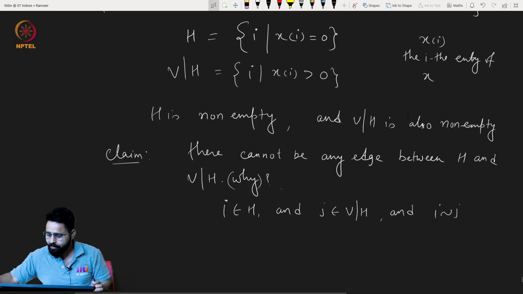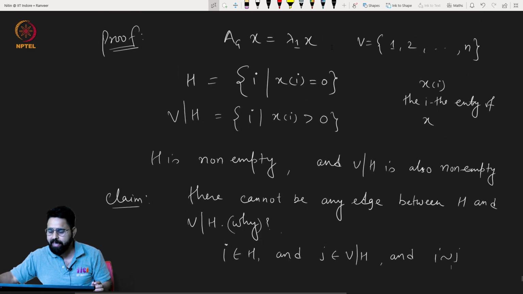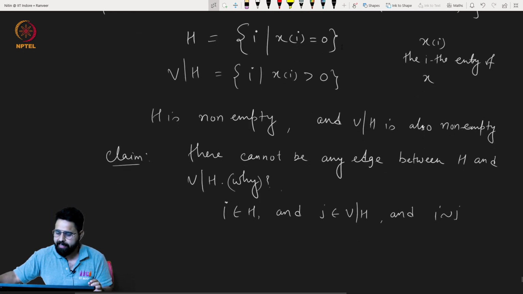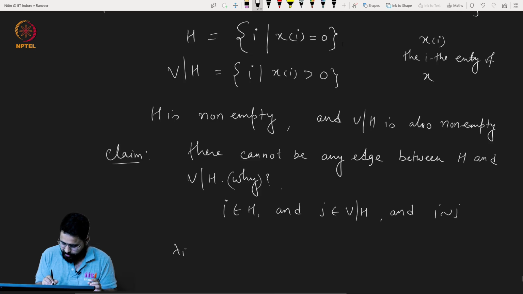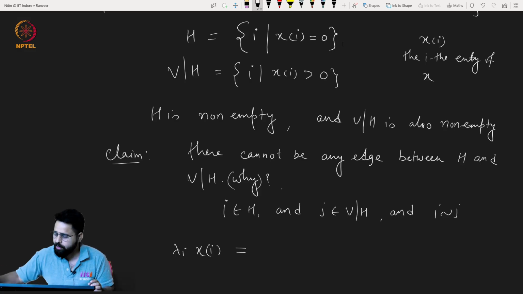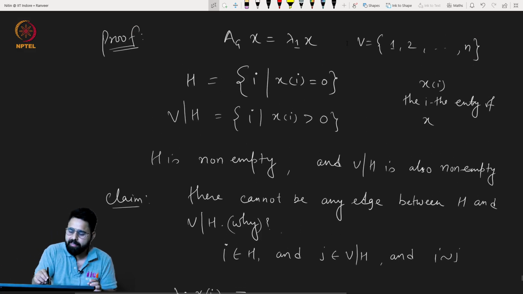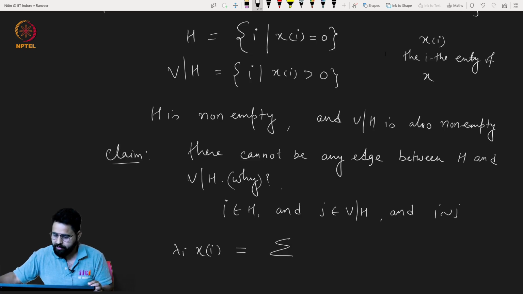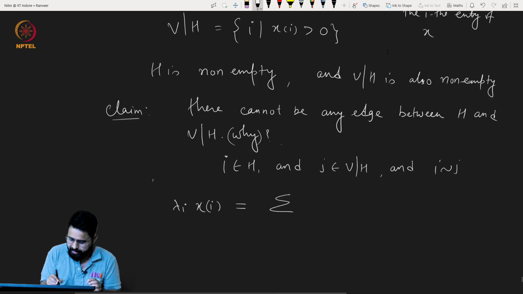If you see carefully here, by the definition, what will be your xi entry? Lambda 1 xi is nothing but multiplying the ith row of A with x, right? So this is the summation over the ith row of A. Suppose the generalized entry of A is Aij.